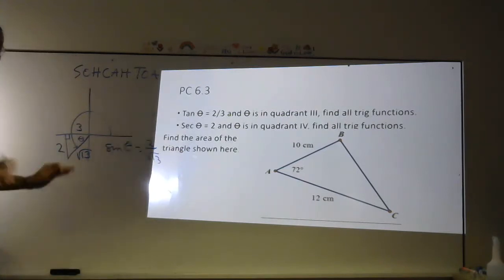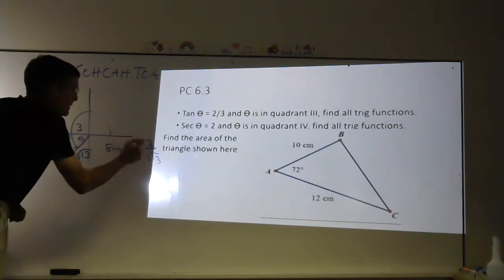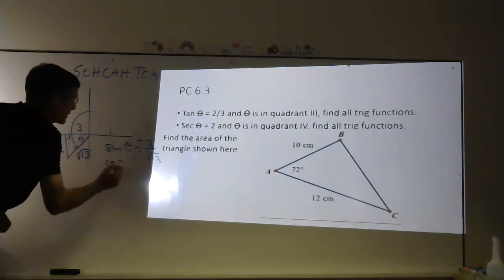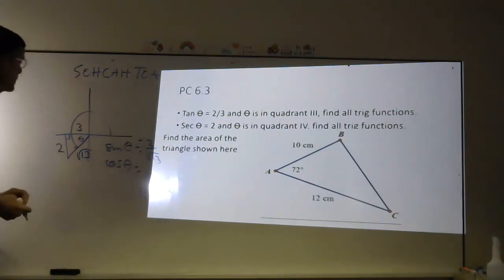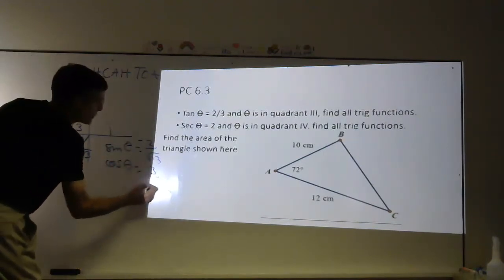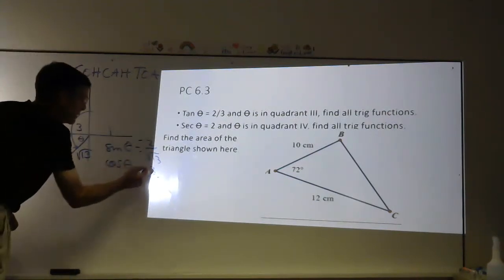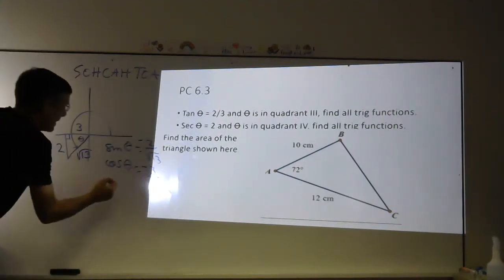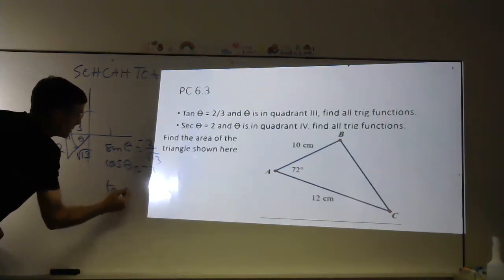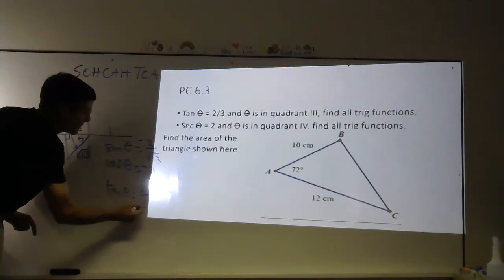You can leave the root 13 like that. All students take: negative. Cosine of theta is adjacent over hypotenuse, 3/√13, also negative. Tangent of theta, we know already, is 2/3, positive.